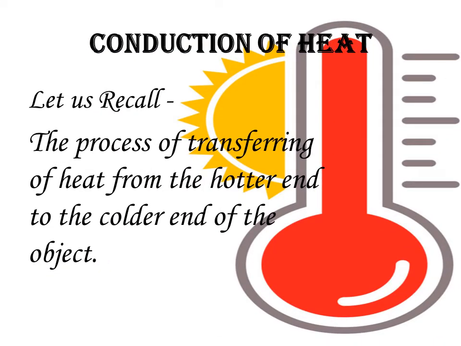Conduction of heat. In the last video, you became very familiar with the topic conduction of heat. So let's recall it. The process of transferring of heat from the hotter end to the colder end of the object is conduction of heat. This concept will be more clear with the help of an example.